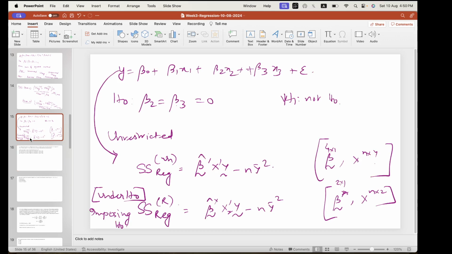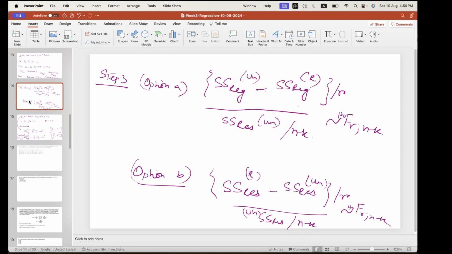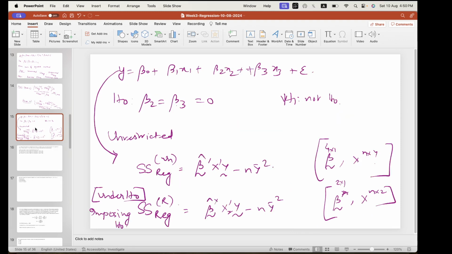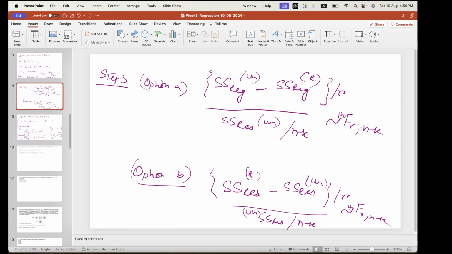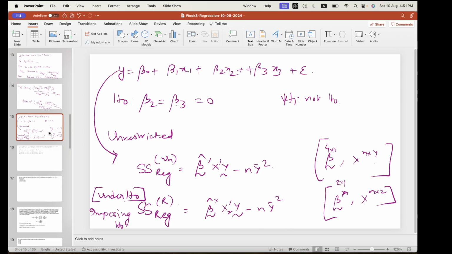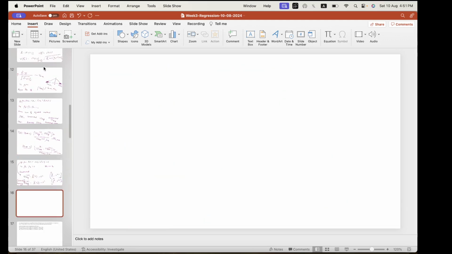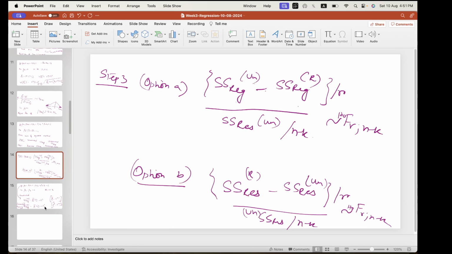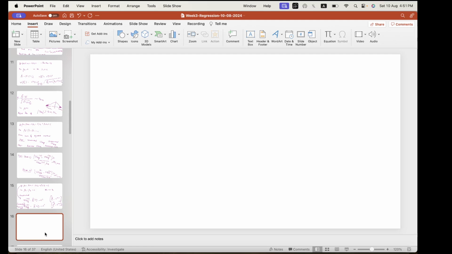Alright, so once we have this, either the SS due to regression or SS due to residual, restricted minus unrestricted, that thing is taken care of, then these ratios follow an F(r, n minus k) distribution. Okay, and the other thing is, it follows this distribution, and the most important thing is the decision rule.